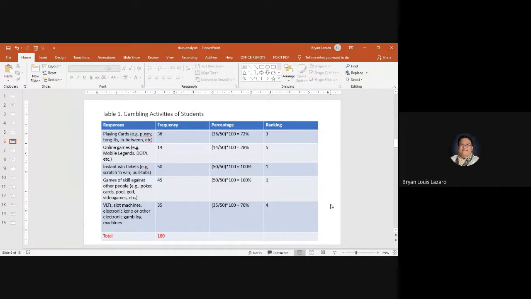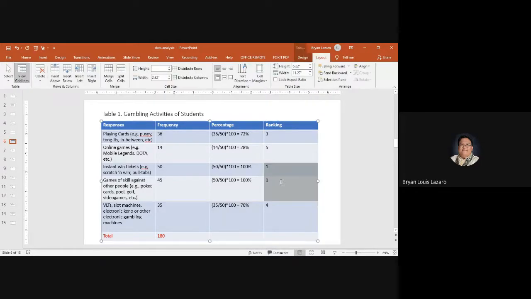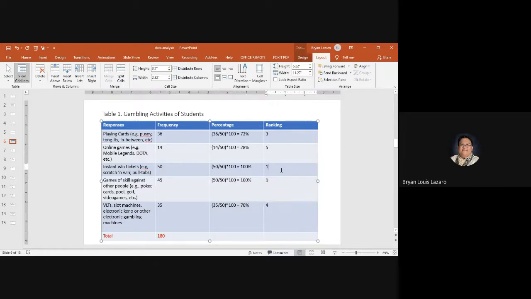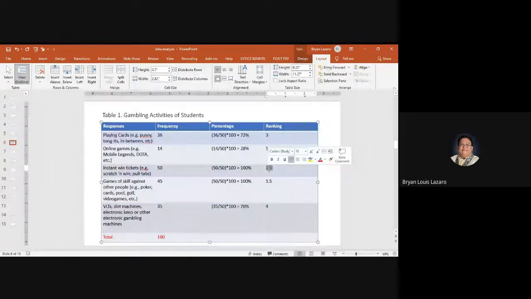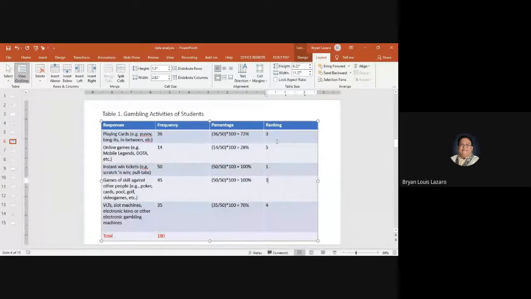Pag nag-tie kasi ginagawa namin, kinukuha yung mean ng rank. Halimbawa, dalawa na yung places na makukuha niya, 1 and 2. So, 1 plus 2, 3 divided by 2, 1.5. Magiging rank niya is 1.5. Usually, ganyan ang ginagawa, kasi yung susunod ay 3 na. Pero para sa atin, gawin na lang natin tayong 1, para 2, and then 3, and then 4.